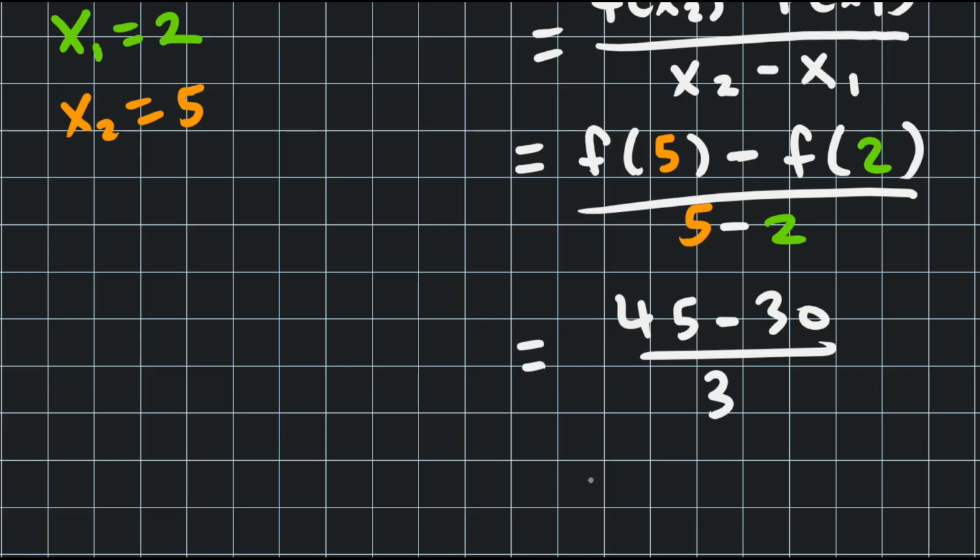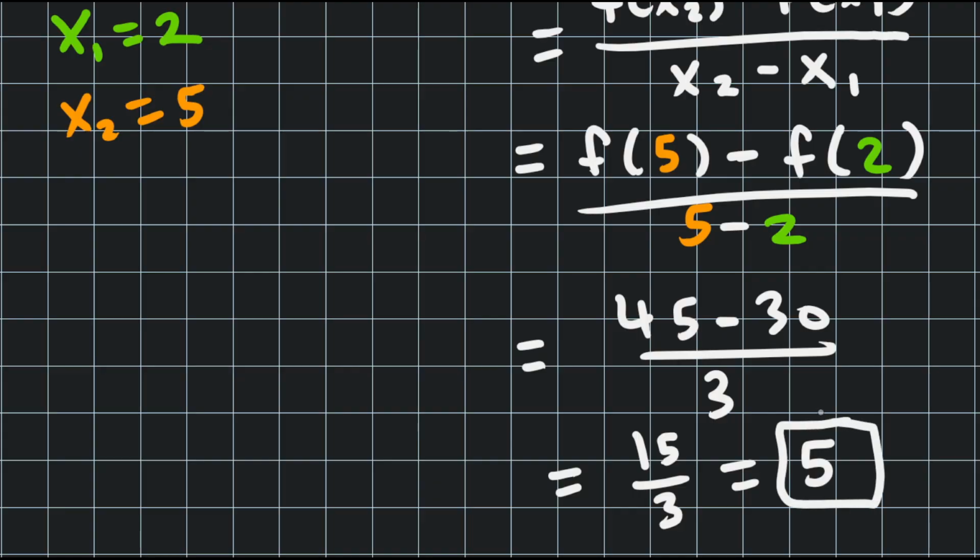That's 3. Let's keep evaluating. 45 minus 30 is 15. So 15 divided by 3, which is 5. And there we go. The average rate of change of our function f of x is 5.